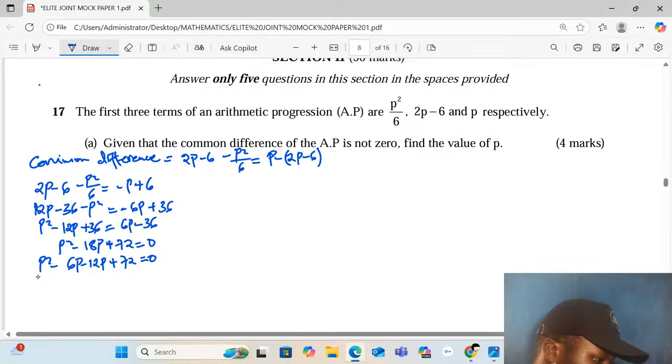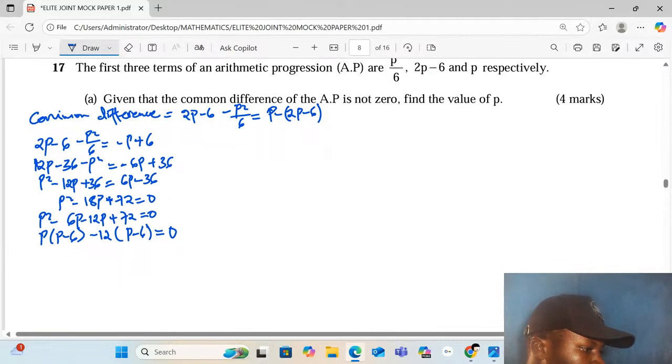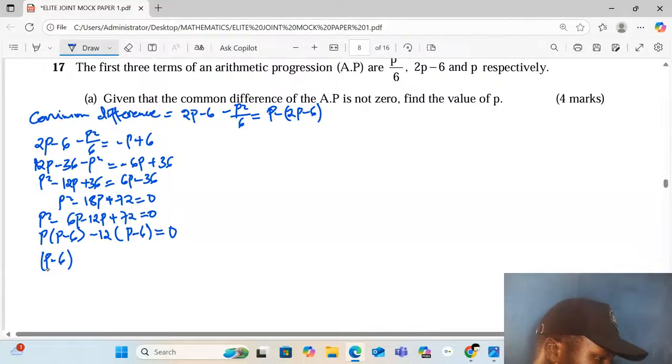So we now have to look for the common factor, which is p minus 6. Then we shall have negative 12 into p minus 6 equals to 0. Then we take one of these, which is p minus 6 in brackets.